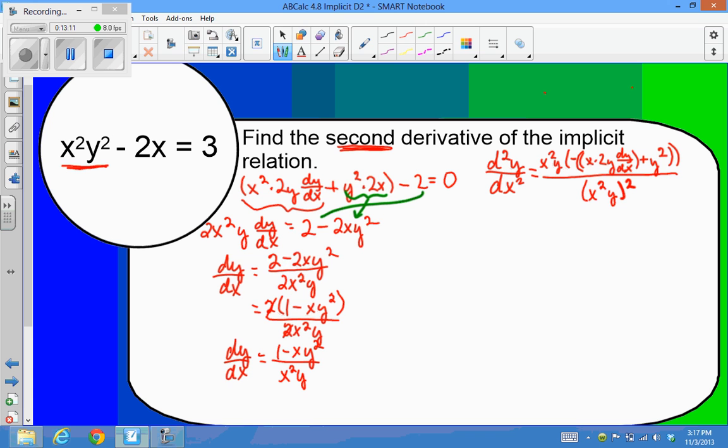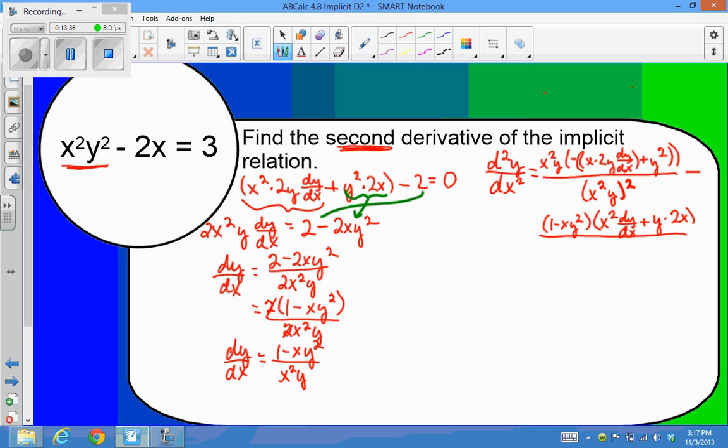I don't want to throw you with that, but I'm running out of room. Minus the top, which is 1 minus xy squared, times the derivative of the bottom, which again is going to be a chain rule, first times the derivative of the second, plus the second, times the derivative of the first.